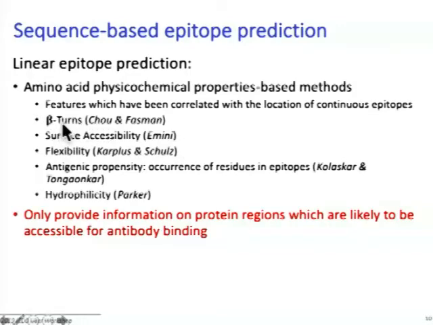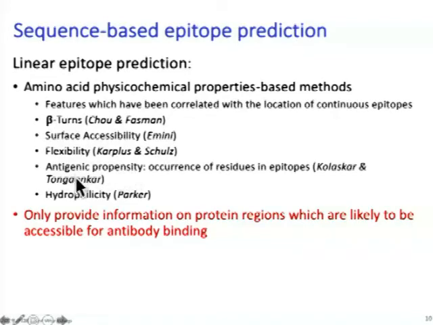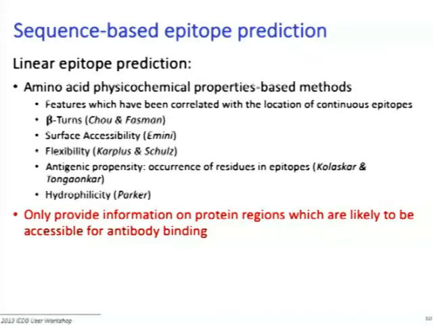There are things like beta turns, surface accessibility, flexibility, some antigenic propensities, hydrophilicity. These were all essentially scales that people had previously defined. Hydrophilicity is a good example, where for every one of the 20 natural residues, people have calculated or maybe even measured a hydrophilicity property of that residue.